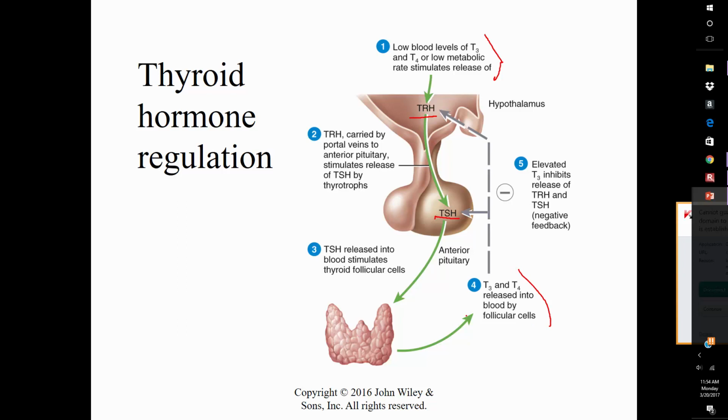When T3 and T4 are too high, they feed back and inhibit TSH, and they inhibit TRH, so that our levels of thyroid hormone don't get too high. If thyroid hormone is too low, then we stimulate the pathway again. So metabolism and the levels of T3 and T4 are the things that are being regulated by negative feedback.